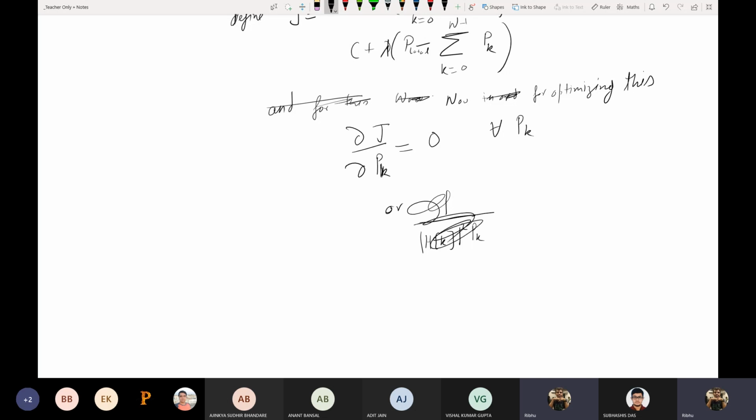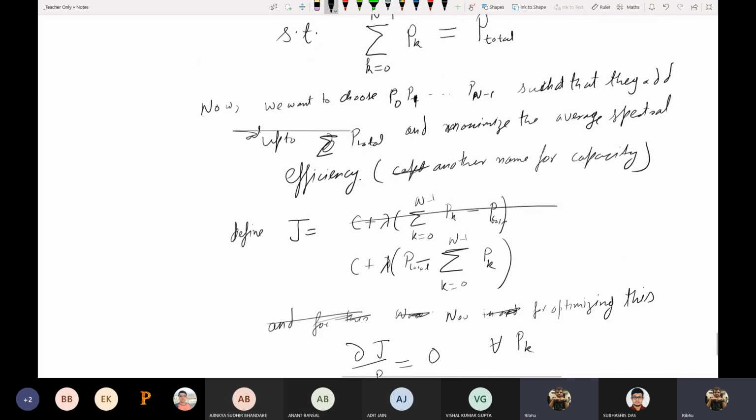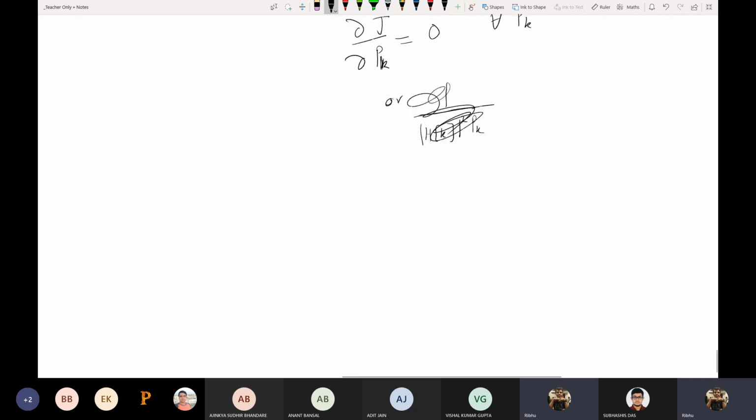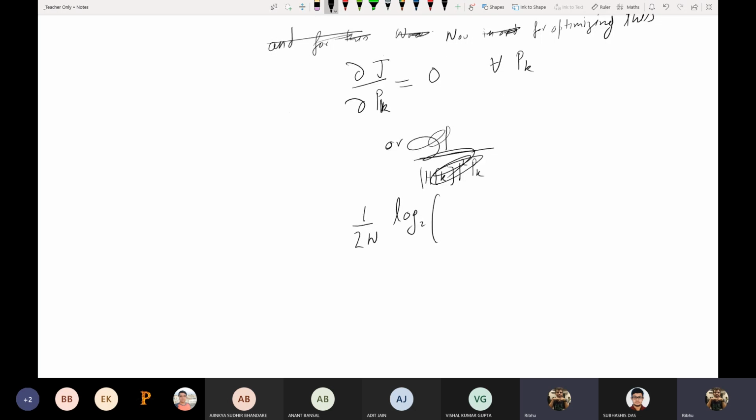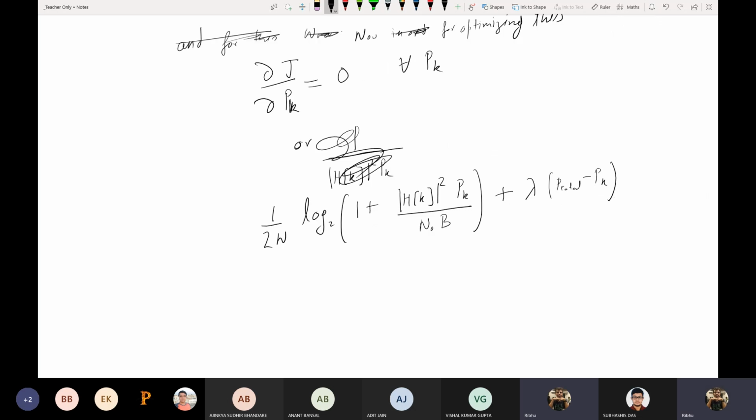So for the kth term, the only non-zero terms will be 1 by 2n log to the base 2, 1 plus hk pk divided by ..., and lambda times P total minus pk. These will be the only terms dependent on pk. I'm just separating those out from the summations.